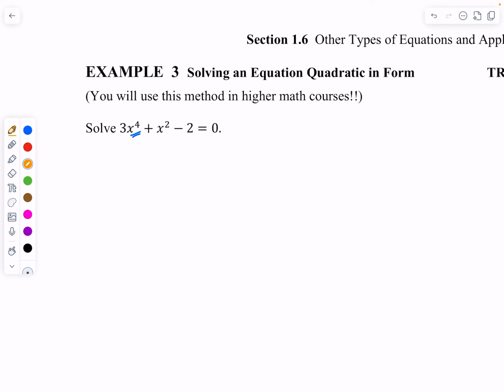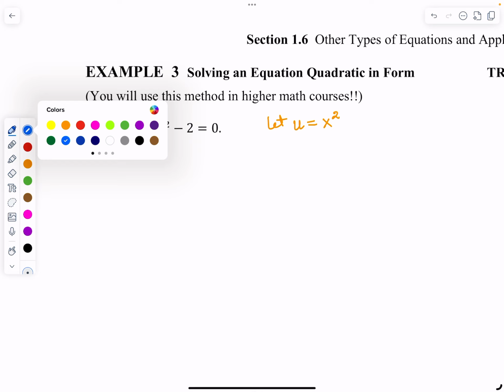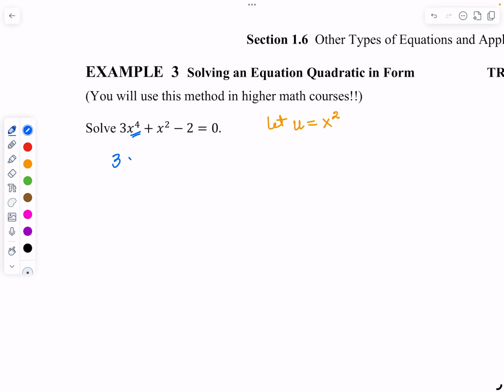So I'm going to let u, and I don't know why mathematicians use u, but they often do. They're going to let u equal x squared. Okay, we're going to let u equal x squared. So I could rewrite this initial equation as 3 times x squared squared.